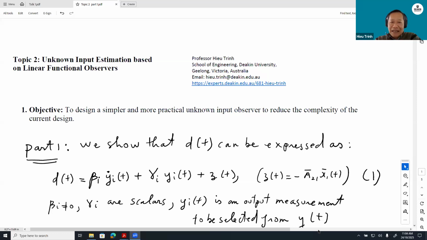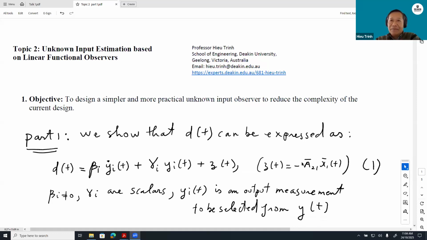Our proposed method has 4 parts. In the first part, which is this presentation, we will demonstrate a novel symbol matrix decomposition technique.